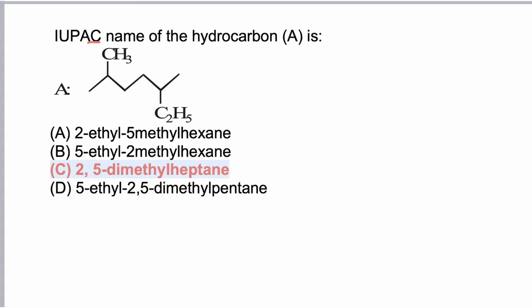In this question we have to find the name of the given hydrocarbon. If we draw the structure of the molecule, a CH3 group is attached at this carbon, and this is C2H5, so we have to open it.